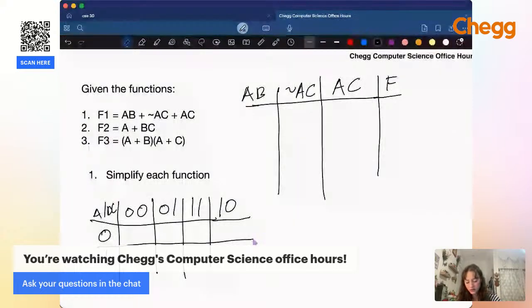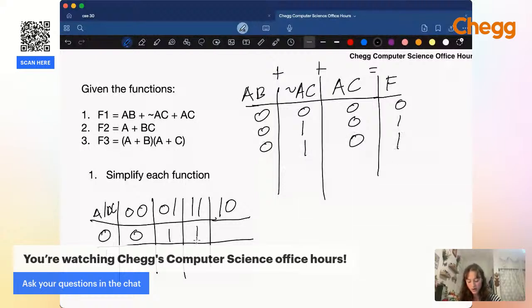All right. So 0, 0, 0, this is 0, this is 0, and this is 0, so F is 0. So I say 0 there. And then 0, 0, 1 is 1 here, and 0 here. So that's 1 because these are all ORed together, equals F. 1 there, and then 0, 1, 1 is also a 1. 0, 1, 0 is 0, 0, and 0.